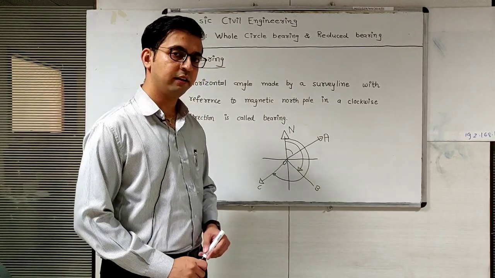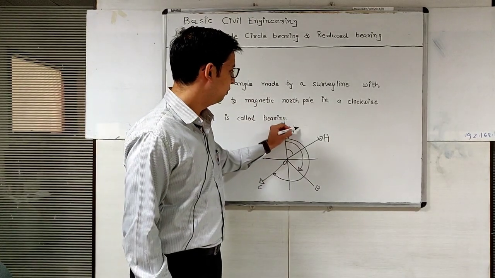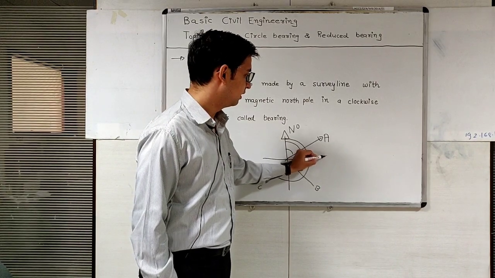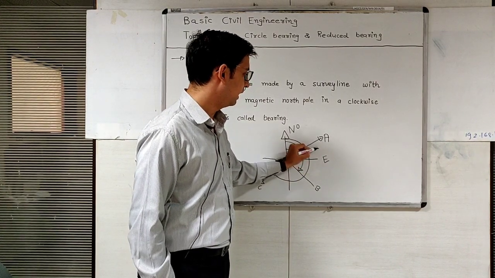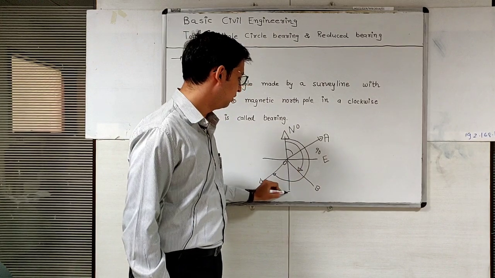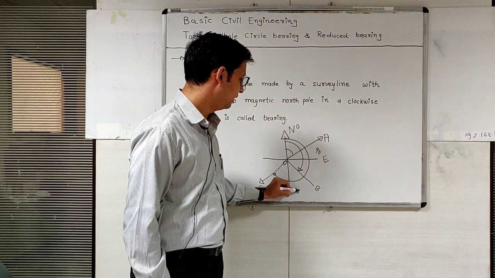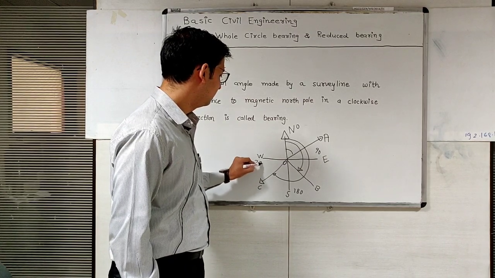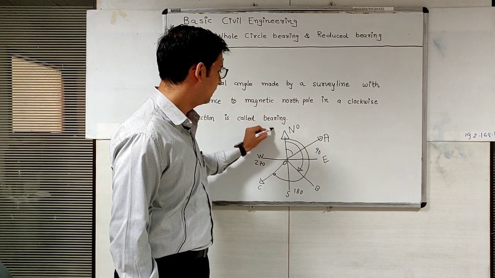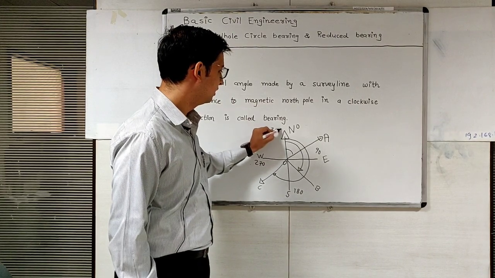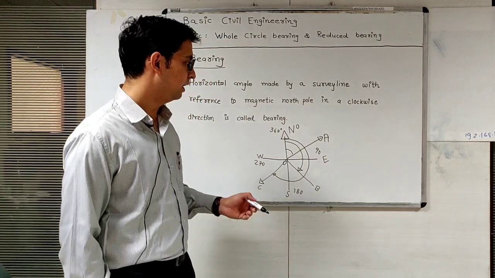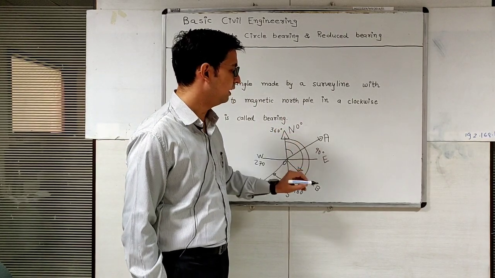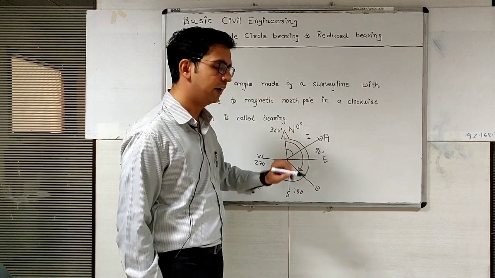Now indicate degrees. At north pole indicate 0 degree, at the east pole 90 degree, at the south pole 180 degree, at the west pole 270 degree, and at this point 360 degree. Between 0 to 90 degree it is called the first quadrant.